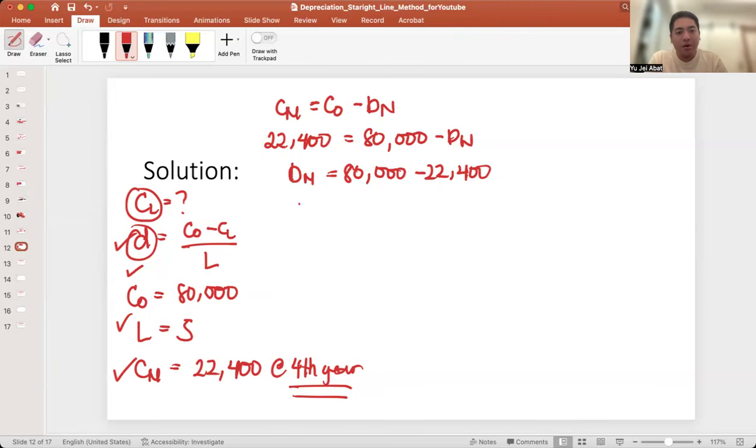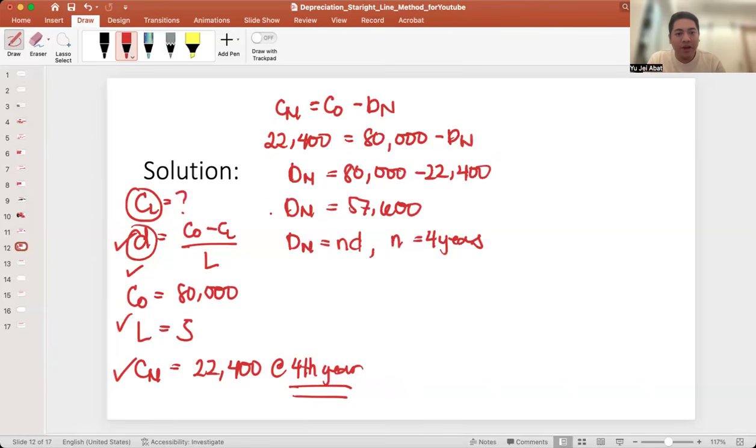I'll be getting the total depreciation for how many years? Again, that is for 4 years. So you have 57,600. Okay? But D sub N is equivalent to N times D. In this case, our N is 4 years. Okay?